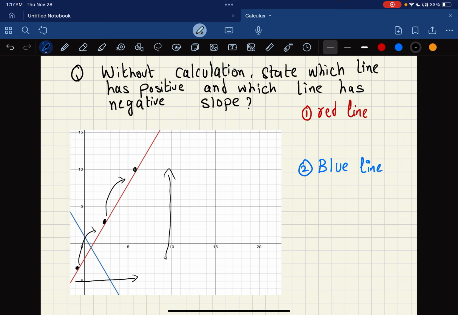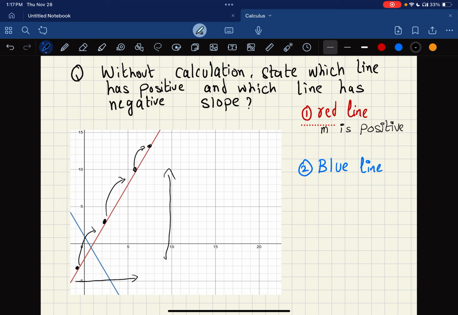That means the line is going up as you move from left to right. So we know for a fact that the gradient, which is the slope, represented by m, is going to be positive. Okay. If you are able to make this visual connection, it is important.